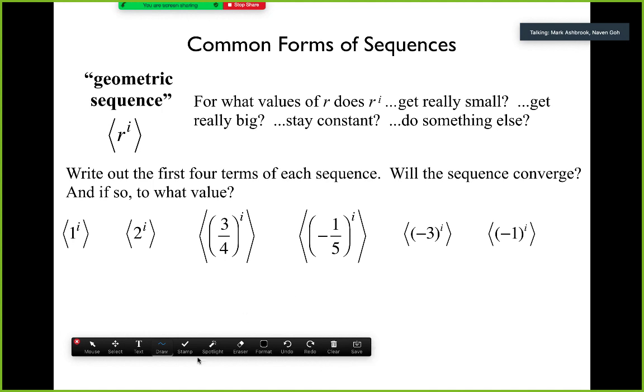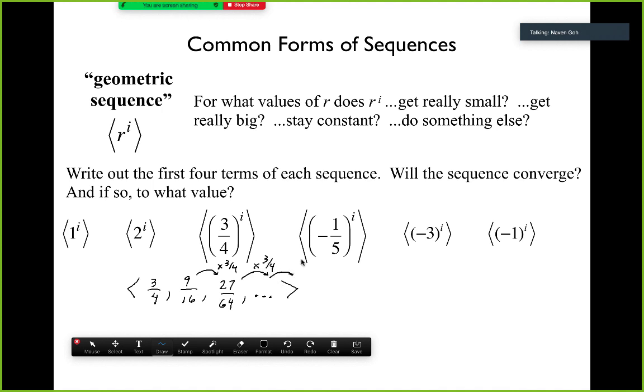Okay, next one, 3/4. 3/4, then 3/4 squared, 9/16, 3/4 cubed, 27/64, etc. So what's happening, we're always multiplying by 3/4. So what's happening to this list of numbers? Increasing or decreasing?